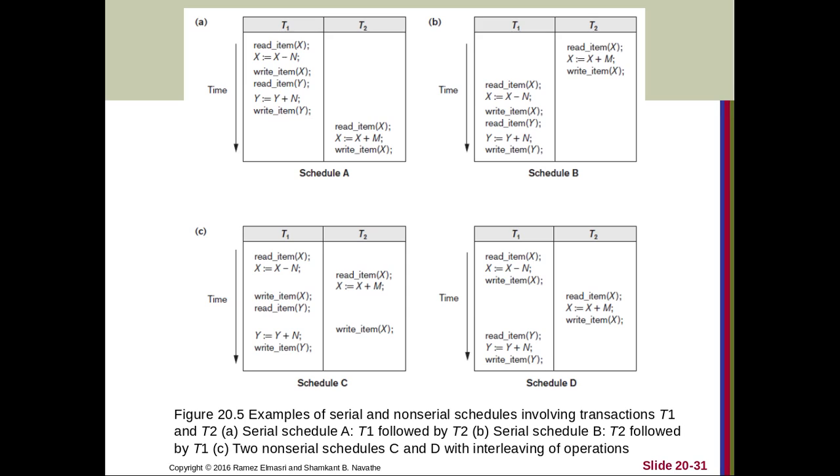That means all the operations of T1 are executed, and after that all the operations of T2 are executed. In the second schedule initially you do T2 and then you do T1.